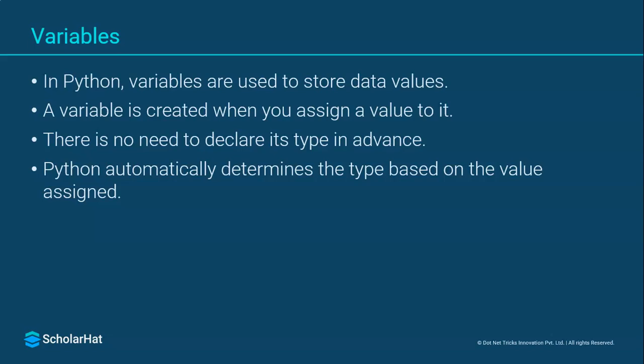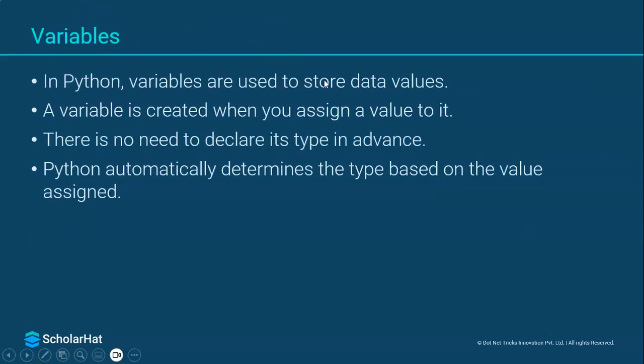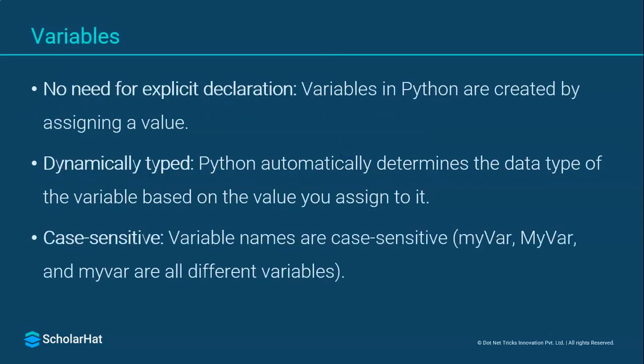In Python, there is no need to declare its type in advance because Python automatically determines the type based on the value we assign. So here are the key pointers before moving forward.